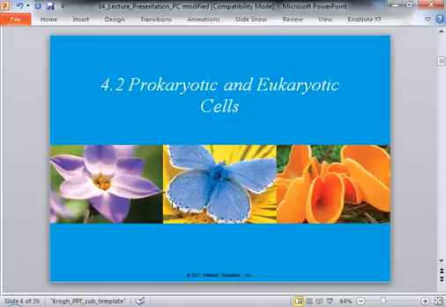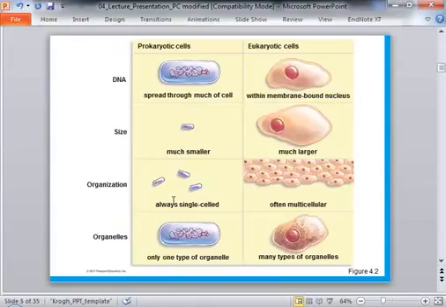There are two basic categories of cells, prokaryotic and eukaryotic cells, and these cells have several sets of differences. The prokaryotic cells do not have a nucleus, and their DNA is spread throughout much of the cell, and that's what they're showing over here. Whereas in eukaryotic cells, there is a nucleus with the DNA contained inside.